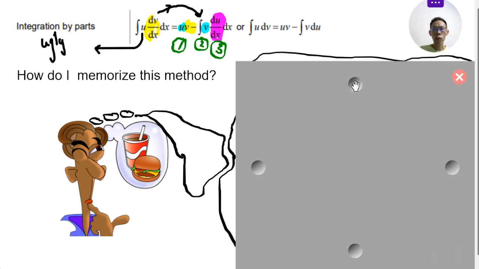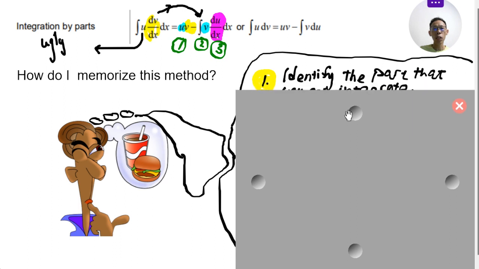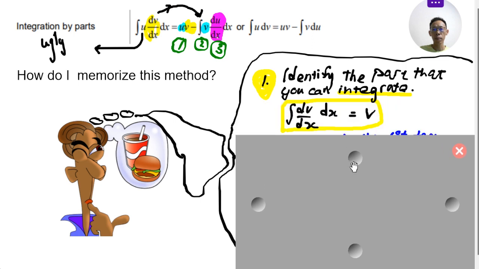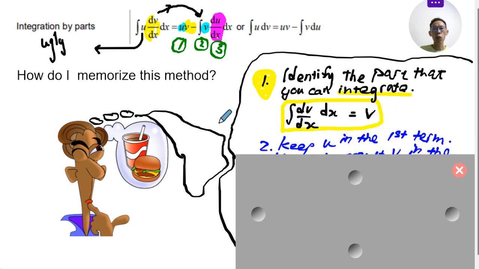So the process is to first identify which is the ugly part, the one that I cannot integrate, that I can only differentiate, and dv dx is the one that I can integrate. Then we keep the u in the first term on the right-hand side, and the result of the integration, v, in the second term.